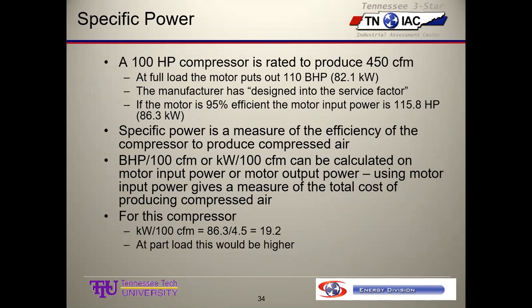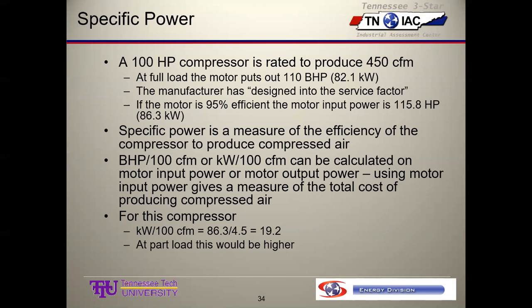Okay, specific power, I mentioned it before, so this is a little more about that. Let's see, so a 100 horsepower compressor is rated to produce 450 CFM. It depends on the manufacturer. I usually encourage students to memorize some number, I would say between 420 and 500.